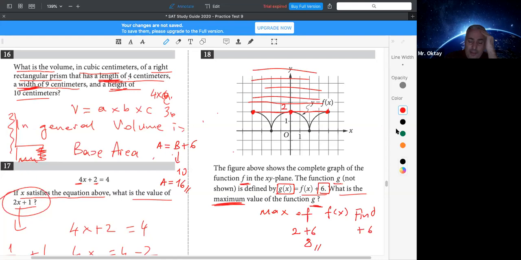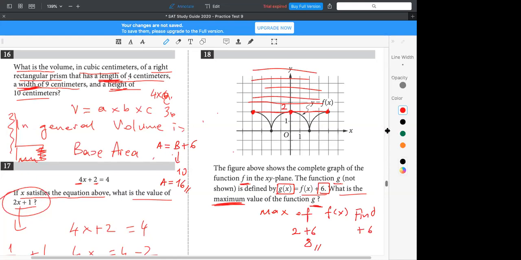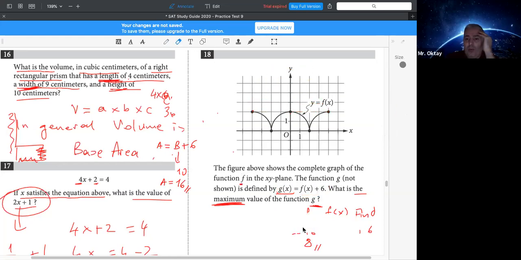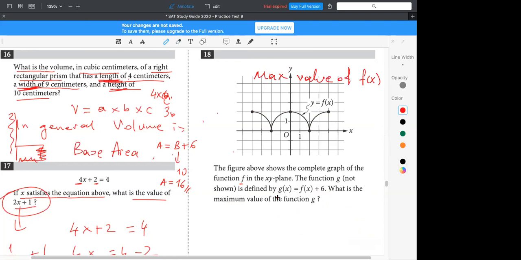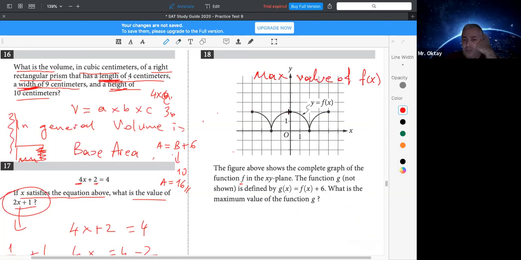Is it okay? I can't understand, but if you could, one more time. Just tell me this. What is the maximum value of f of x? By looking at this graph, what is that? 2. Yes, that's why.